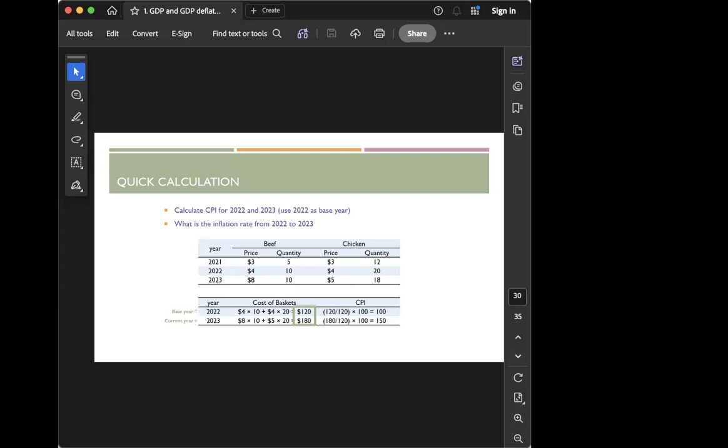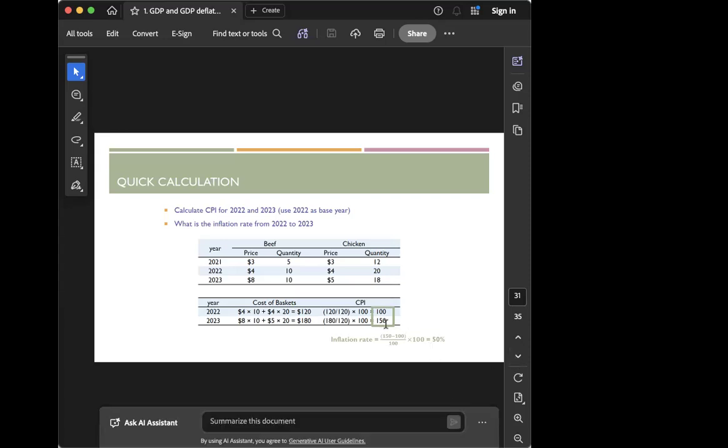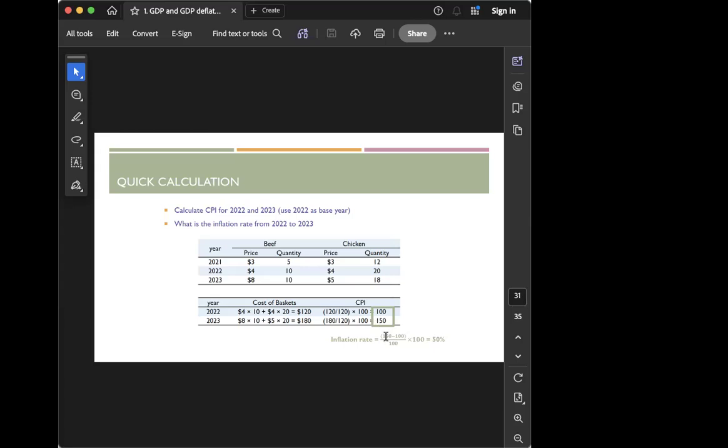Once we've calculated CPI, now we can calculate the inflation rate, right? The inflation rate is the percent change of CPI, so we can just use that formula.